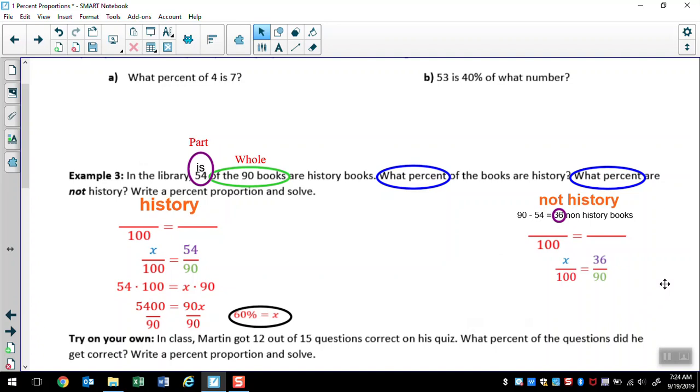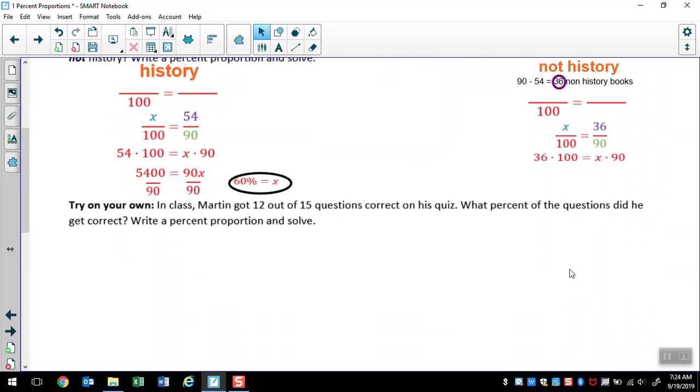So let's fill in our proportion and do our cross multiplying. So x times 90, 100 times 36. And then we can simplify those, and then we're going to divide to undo our multiplication. And we end up with 40% are not history books.